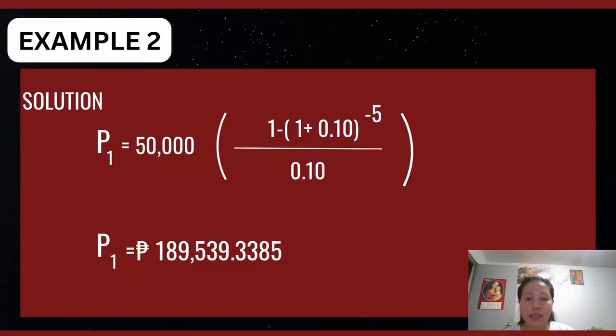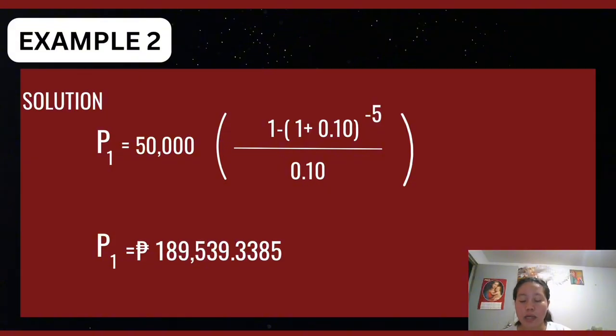Okay, let's do the calculations. First things first, let's find the present value of our A sub 1, which is 50,000 pesos per year for 5 years. We're going to use the ordinary annuity formula, as I said earlier, which is P equals A times 1 minus (1 plus I) raised to negative n, over I. Since we already have the given values, let's plug them into our formula.